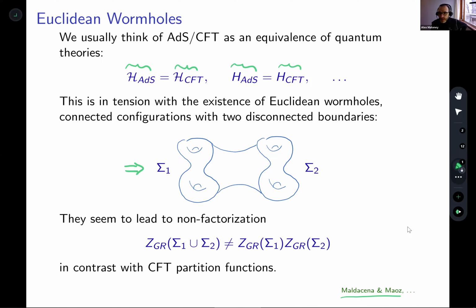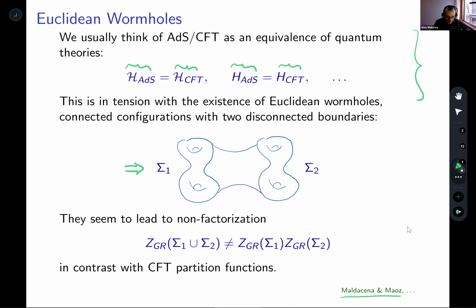But even without studying it in detail, it apparently leads to a contradiction with our idea that ADS-CFT is an exact equivalence between quantum theories. And why is that? Well, it's because any solution to the equations of motion should contribute to the partition function of the theory.